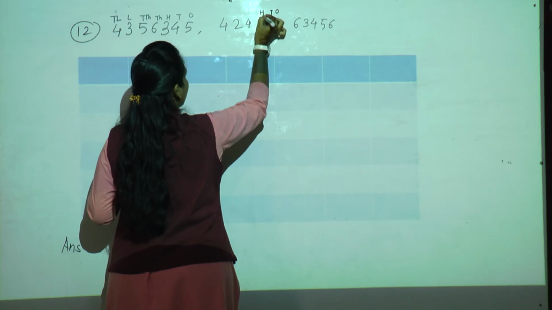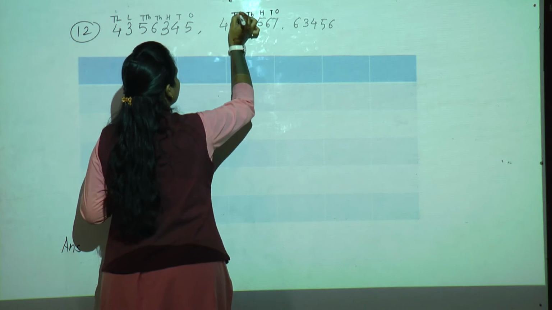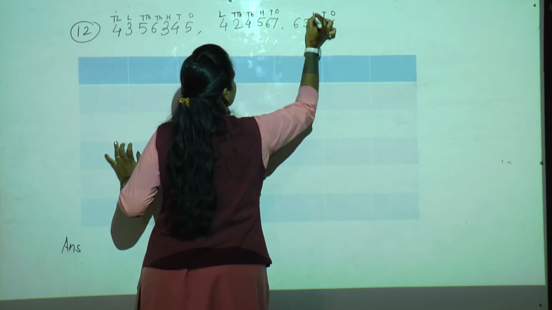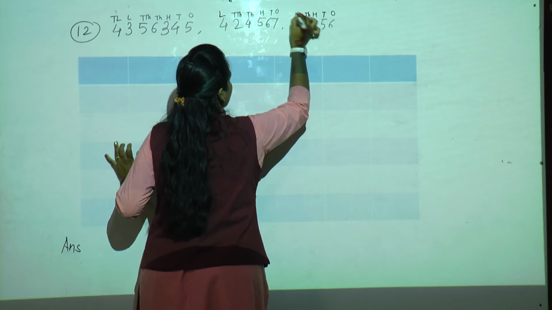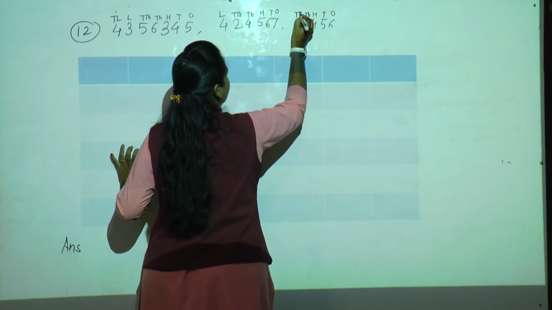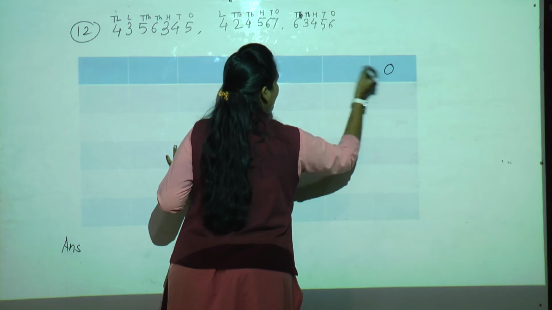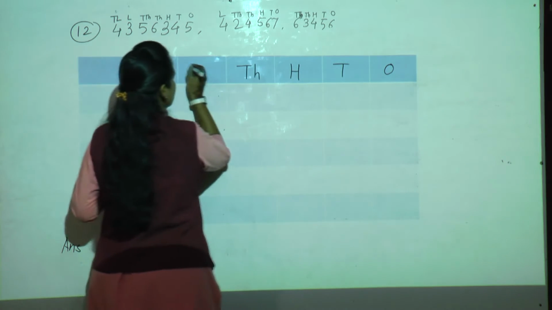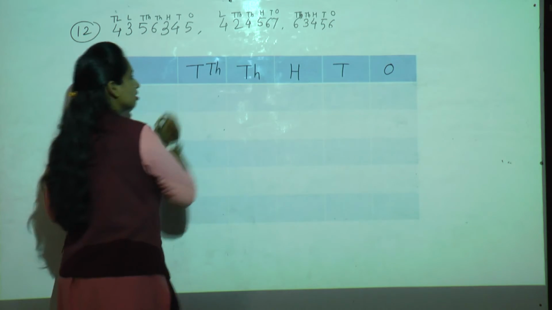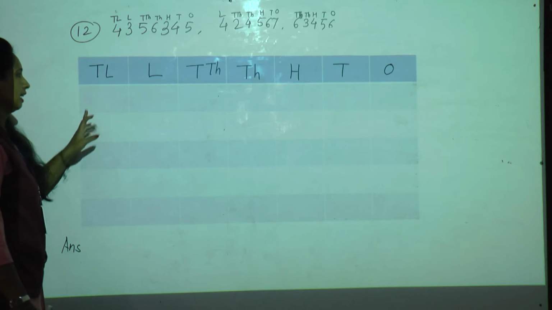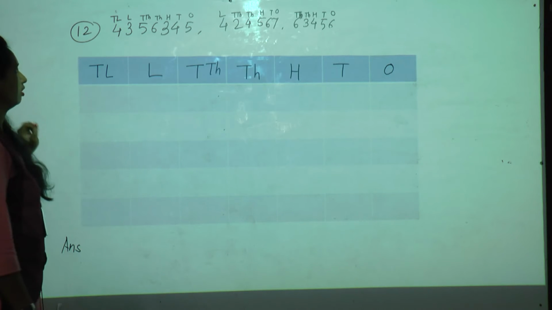Ones, tens, hundreds, thousands, ten thousands, lakh and ten lakh. Leave one box for the carry.